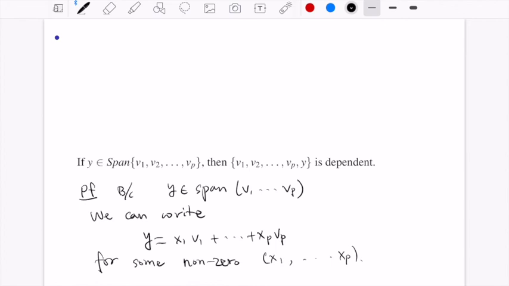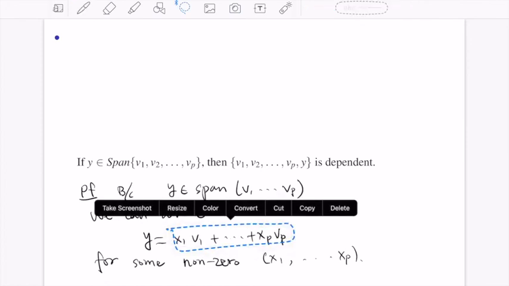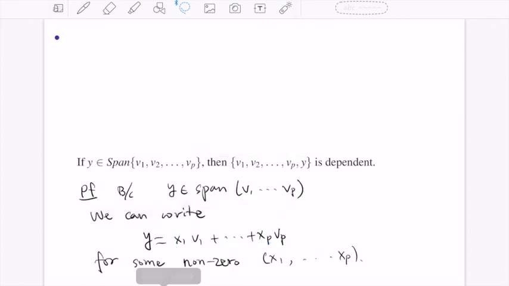Now if I move this around and make 0 on one side, we come up with the following expression. I will move Y to the other side and make 0 on the one side. What does it mean?